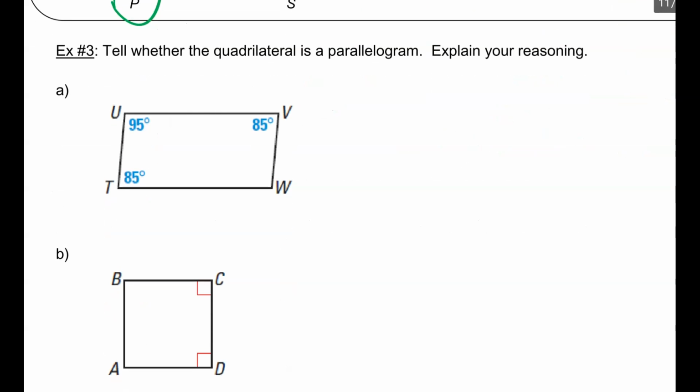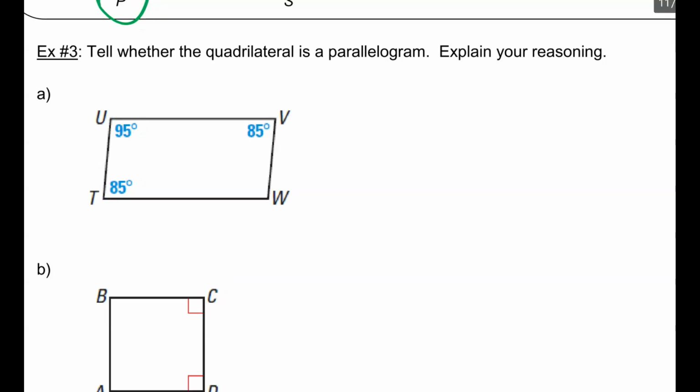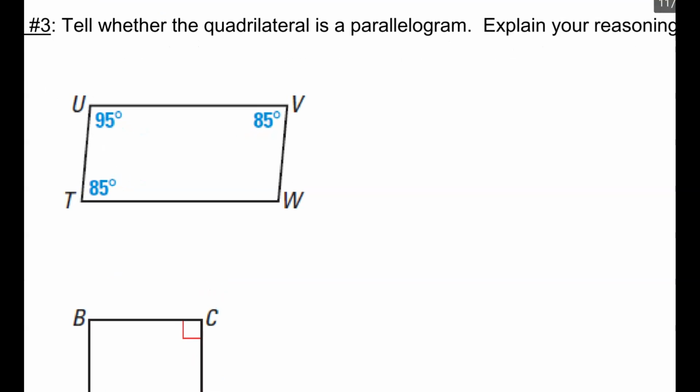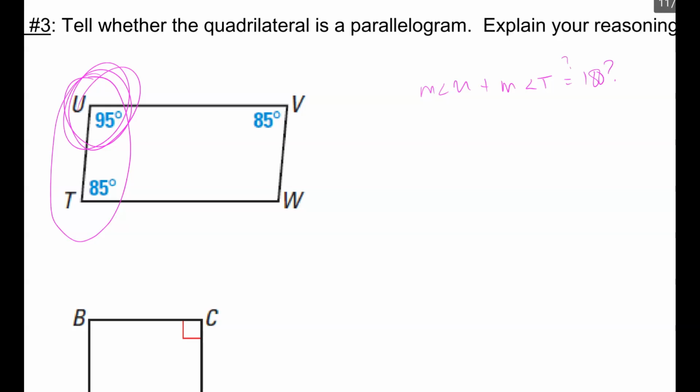All right. Tell whether the quadrilateral is a parallelogram. Explain your reasoning. Okay. So if it is going to be supplementary to both, I'm going to pick U because we know the two adjacent angles. So the measure of angle U plus the measure of angle T, let's test. Is it 180? Let's see, 95 plus 85. We're testing. Okay, it is.